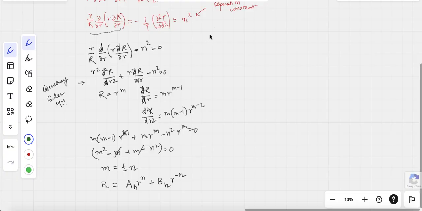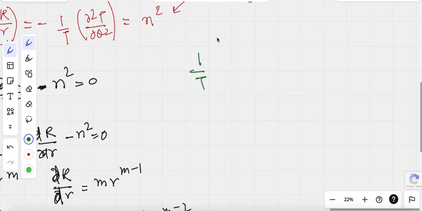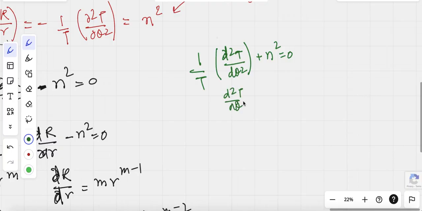So we have 1 by T d square T by d theta square plus n square equals 0, or d square T by d theta square plus n square T equals 0. This is m square plus n square equals 0.